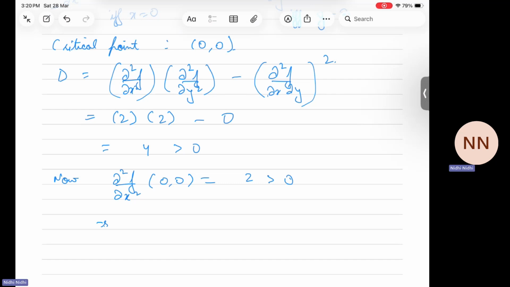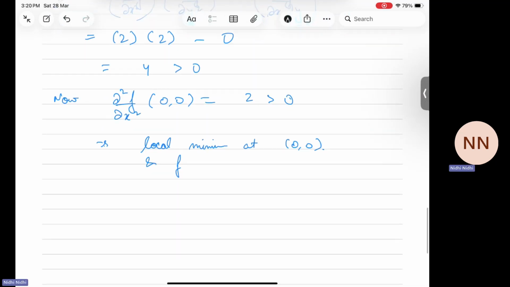In fact, in this case, it is turning out to be a global minimum. Local minimum at (0, 0). And f does not have any maximum. Therefore, the given statement was false.